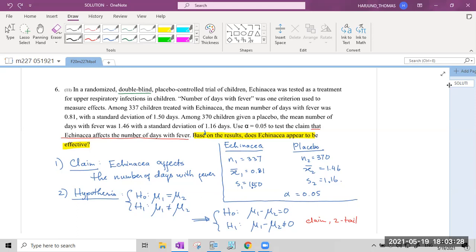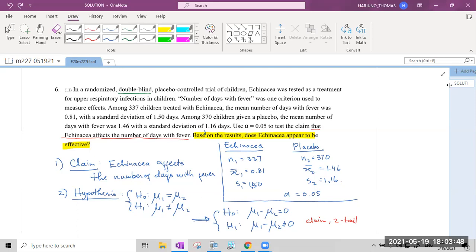What they ask actually is, does echinacea affect the number of days with fever? That's the claim they want you to test. And the follow-up question, does echinacea appear to be effective?